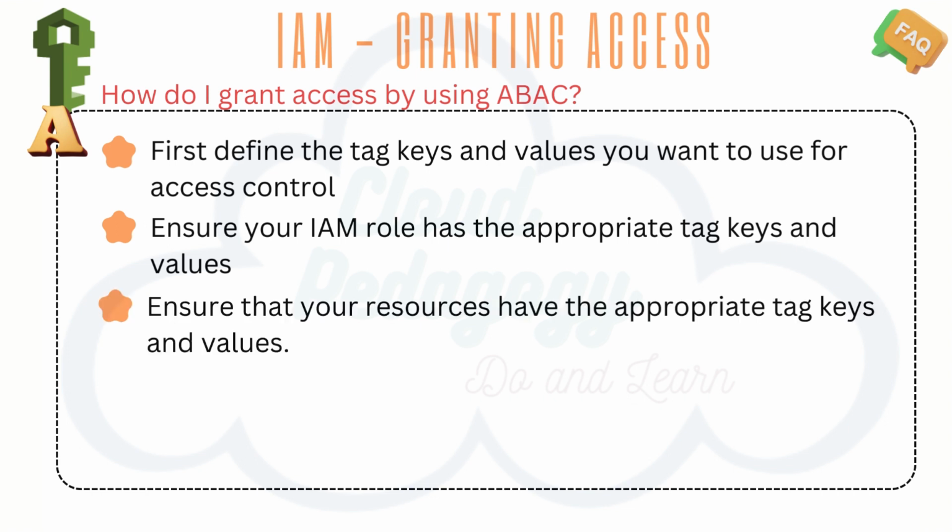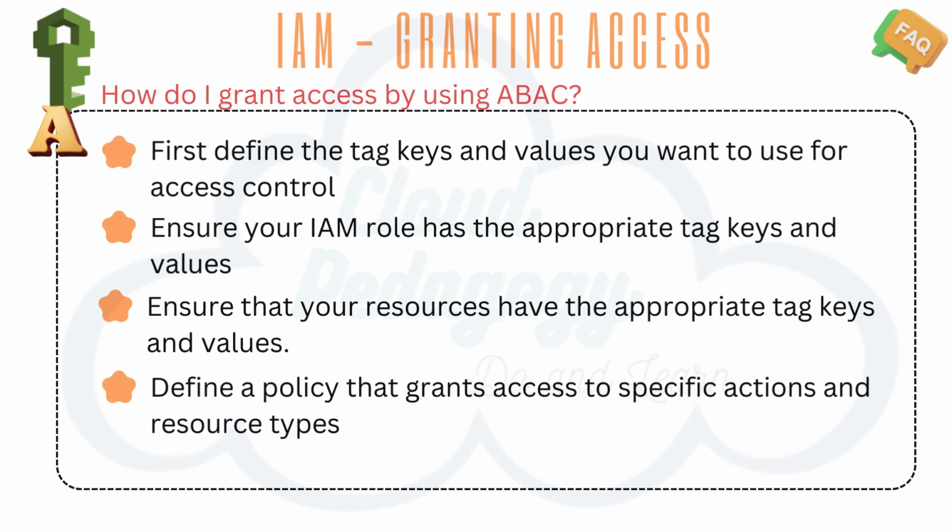Next, ensure that your resources have the appropriate tag keys and values. You also can require users to create resources with appropriate tags and restrict access to modify them. After your tags are in place, define a policy that grants access to specific actions and resource types, but only if the role or session tags match the resource tags.